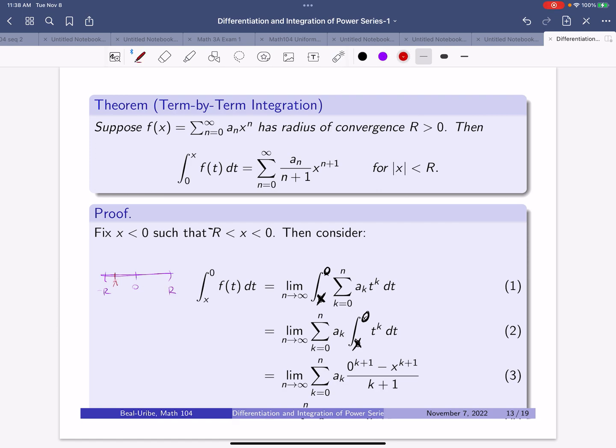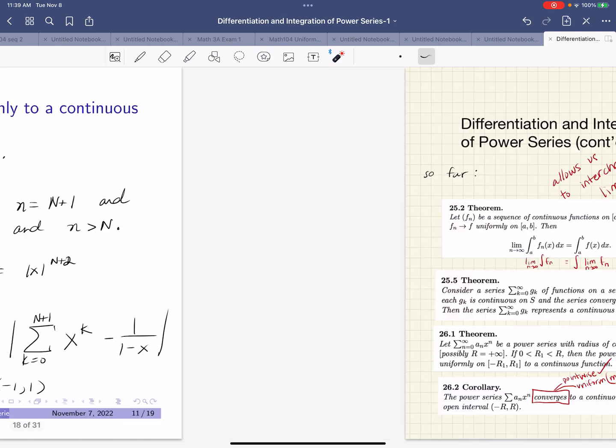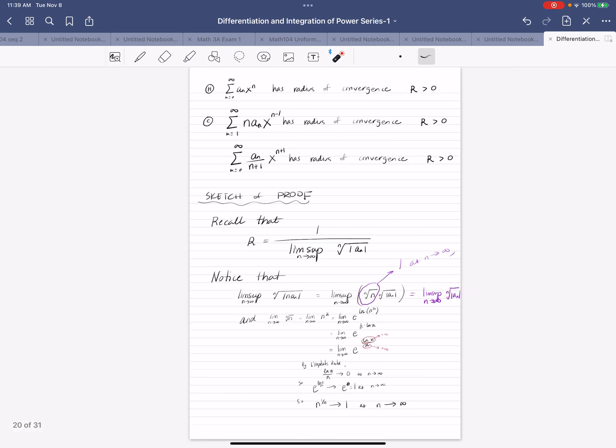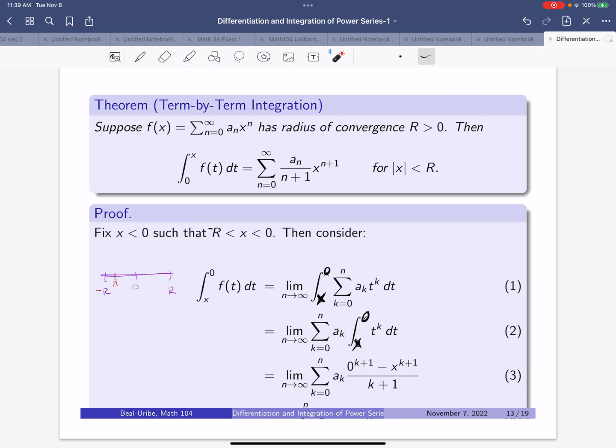So x needs to be less than 0, but also bigger than negative r, so we can make sure that for each t in our domain of integration from x to 0, f of t really can be expressed as this power series. Okay? So we're going to integrate and use the fact that we had from before about the ability to interchange limits whenever we have uniform convergence of a sequence. And this is essentially going to give us our result.